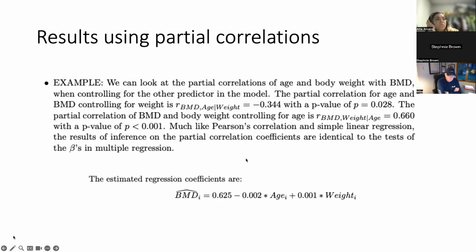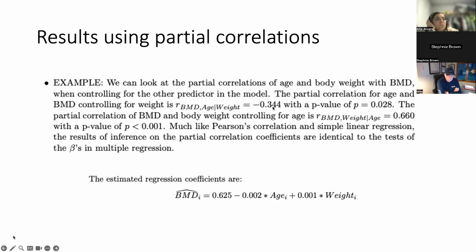So, you know, they're not really used that much anymore, but if we wanted to use them, the way you read this is a partial correlation between BMD and age, controlling for weight. We're partialing out weight. And it's negative.